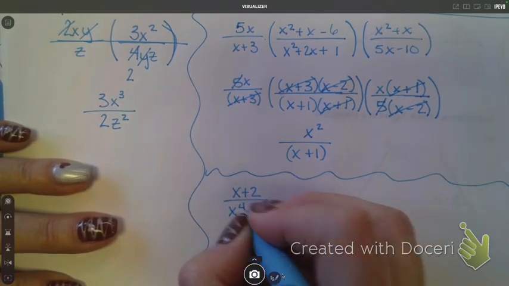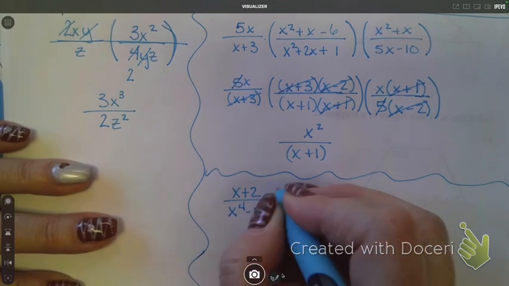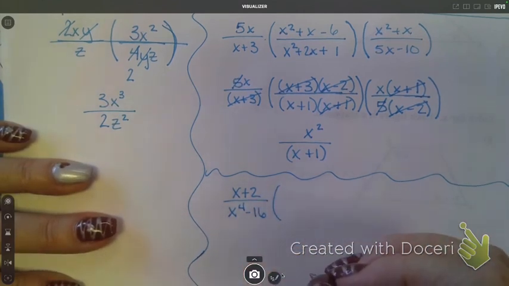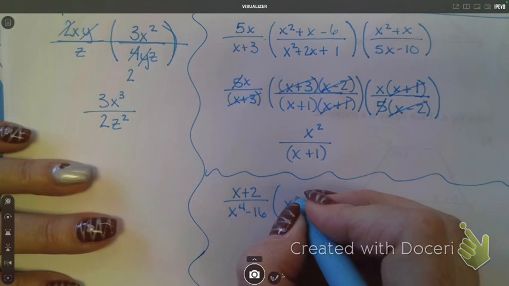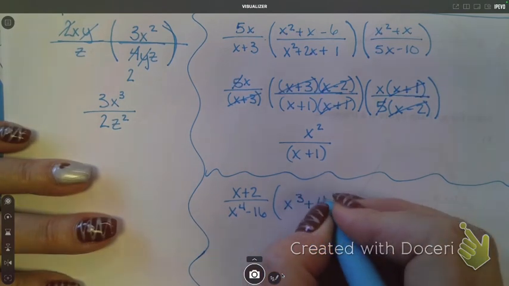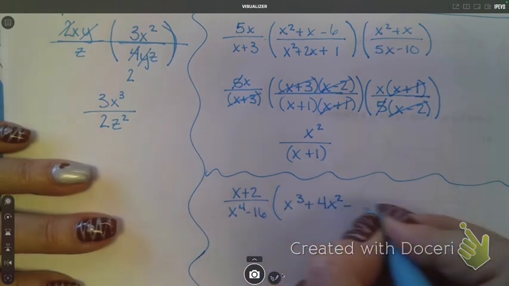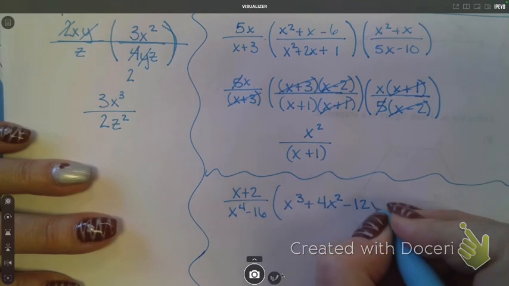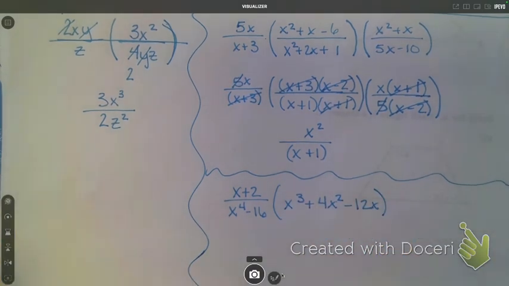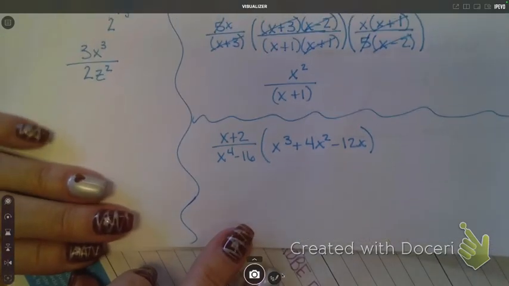Okay, so x plus 2 over x to the 4th minus 16, times x cubed plus 4x squared minus 12x. Factor out an x.